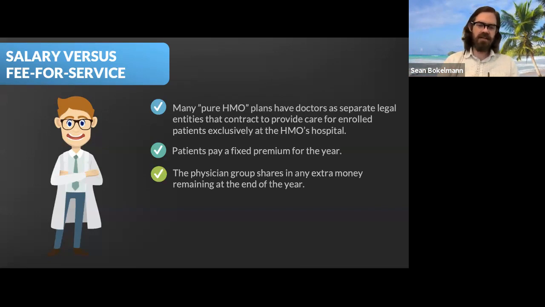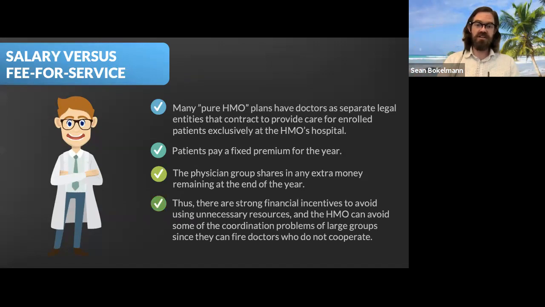So not only are they incentivized to reduce costs because they're paid a flat salary, but they also have the potential to earn bonuses if costs come in under target for the year, right? So now there's really strong incentives to avoid using unnecessary resources. And on top of that, the HMO can also avoid some coordination problems that large group insurance typically face because they can easily fire doctors that don't cooperate.